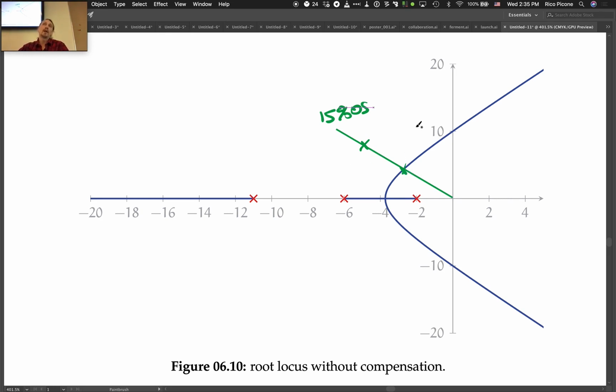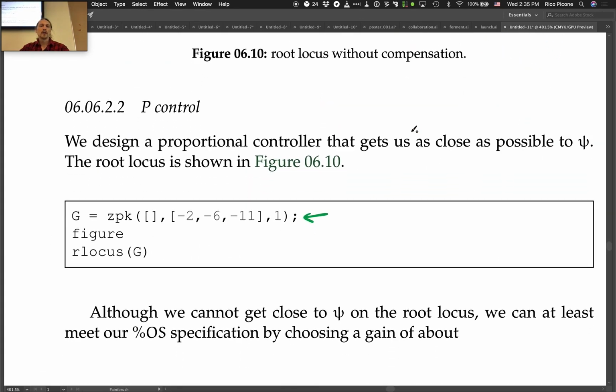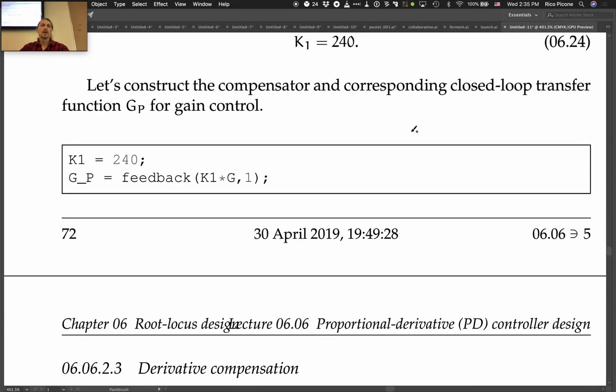So I'll just meet one of them. I'll do the overshoot, and then settling time we'll have to do a derivative compensator to get. Okay. So very good. So we go ahead and choose that. 240 is our gain. We form also the closed loop transfer function using the feedback here.